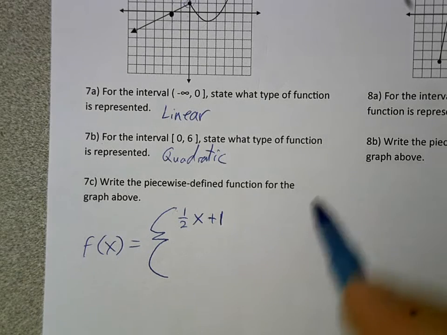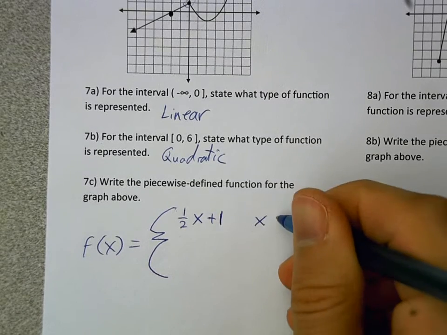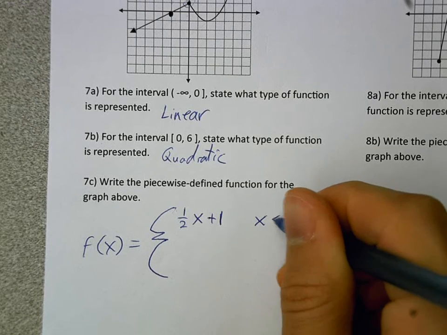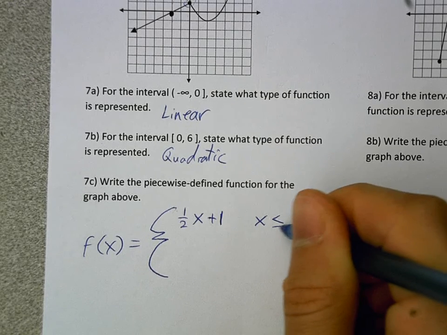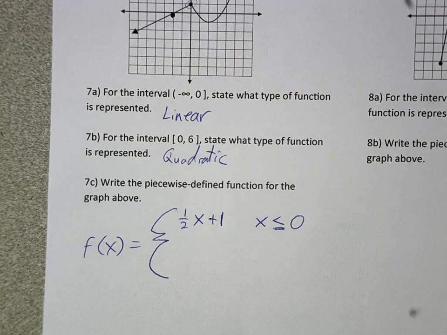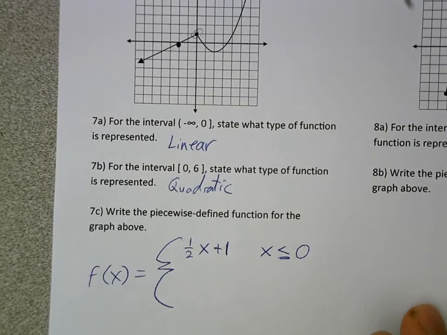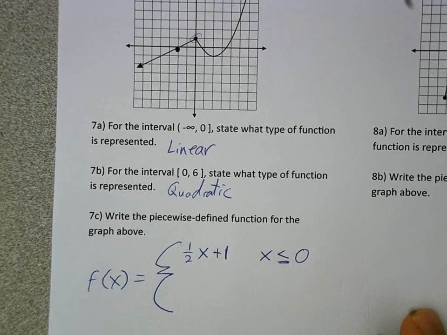And then I need to say where that happens. That happens for x is less than or equal to 0. Right? It's all the x values less than 0. X is less than or equal to 0. And then the second half, I need to graph the quadratic.